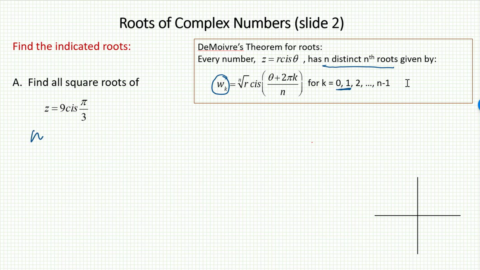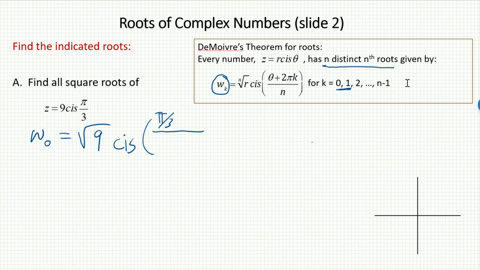My first root, which I'll call w sub 0 because I'm plugging in the value of 0 for k, well, I'm supposed to take the nth root of the r. In this case, we're doing square roots, so the square root of 9, and then cis, and here I simply get my theta, pi over 3.